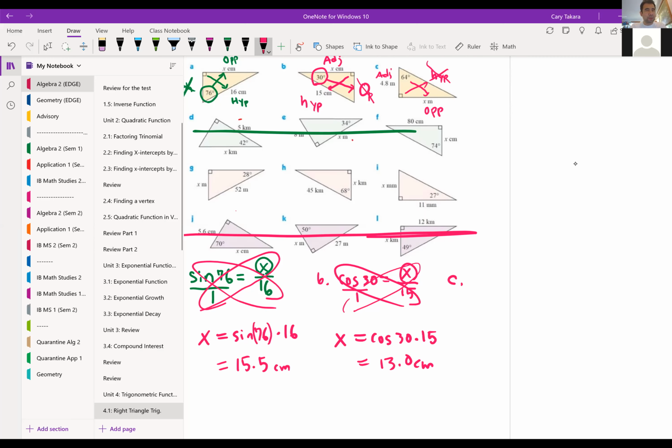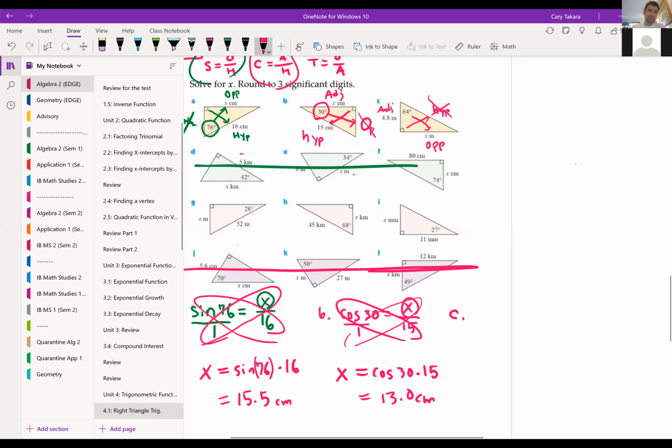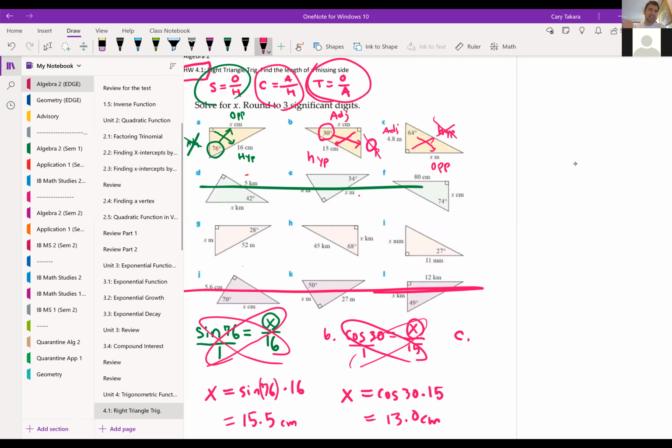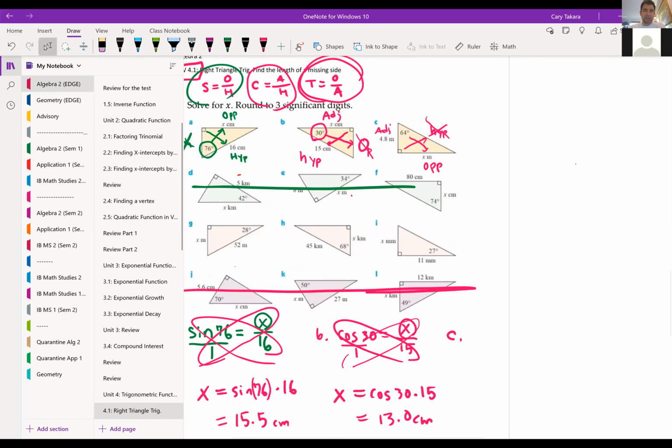So which combination uses adjacent and opposite? That's tangent, isn't it? This has to be a tangent problem.